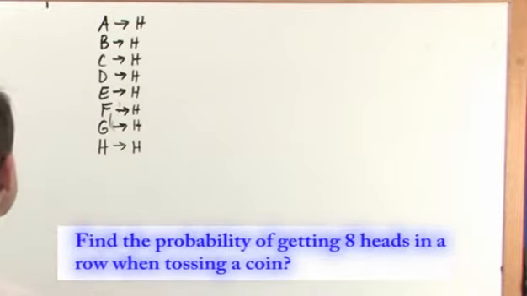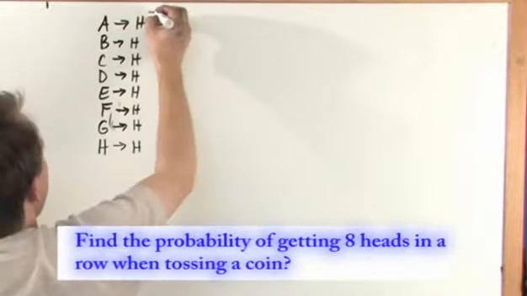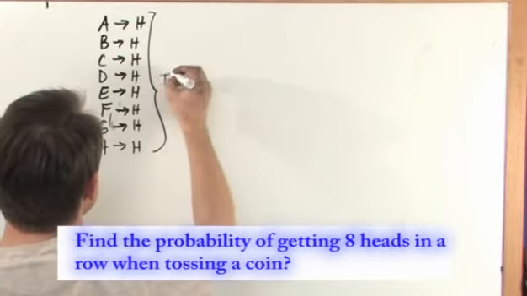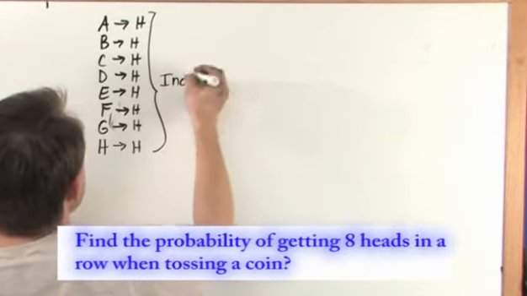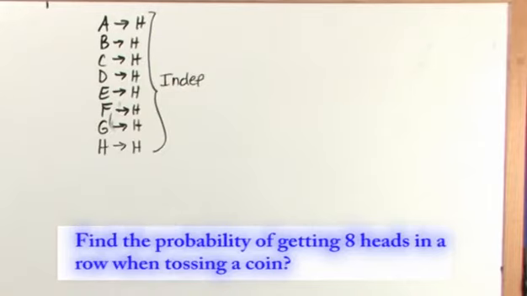Now, my question to you, this is flipping a coin. So all of these are independent events. They're just not dependent on one another. If A happens, it doesn't influence B at all.